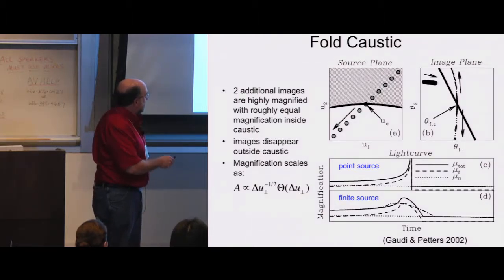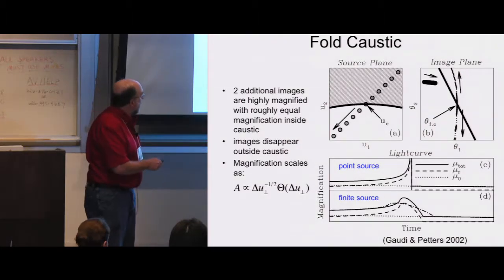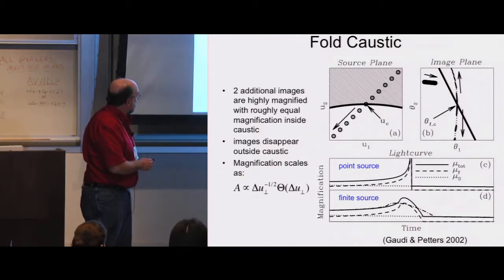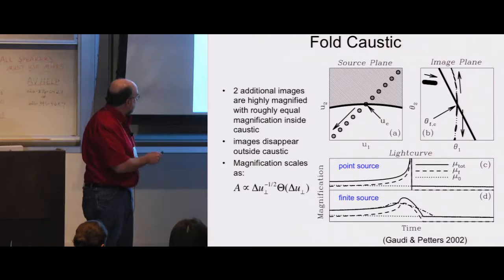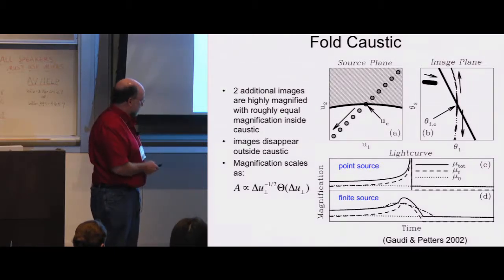So those are the 2 extra images. And that's shown here. You get these 2 images that are forming right on the critical curve and then moving away after the caustic crossing. Or I guess in this case, maybe you're exiting the caustic, so they're moving towards and annihilating at the caustic crossing.